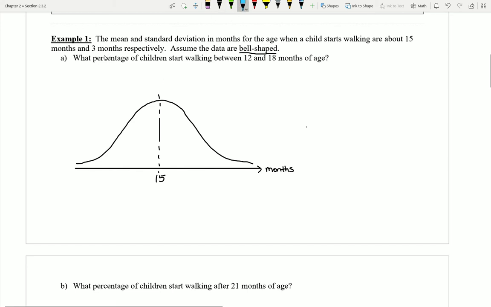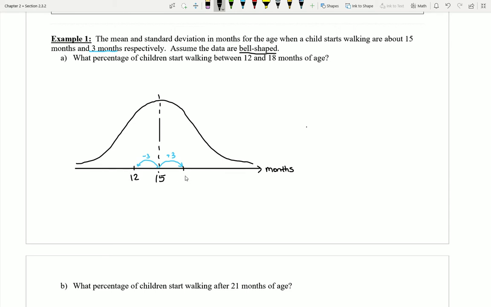So if I have a standard deviation of 3 months, that means I can take a jump of 3 months in each direction. If I go to the right, I would be adding 3 because I'm going up in the number of months. And if I'm going down 3, then I'm moving to the left.